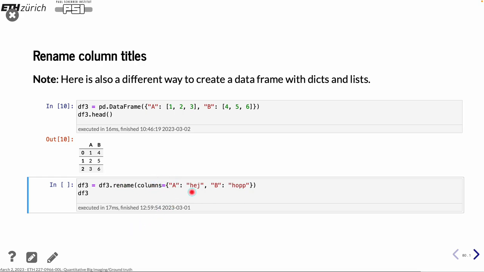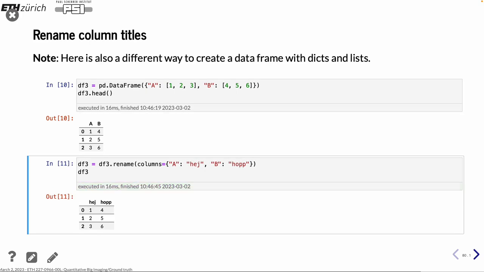Then we say that the columns called A are renamed to Hey, and the ones called B are going to be called Hop. So let's run it. And yeah, as expected, we have now renamed our columns.